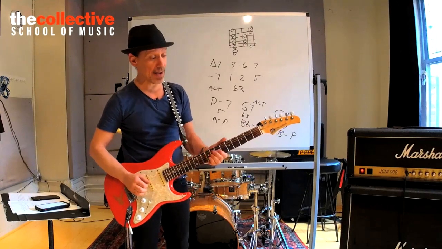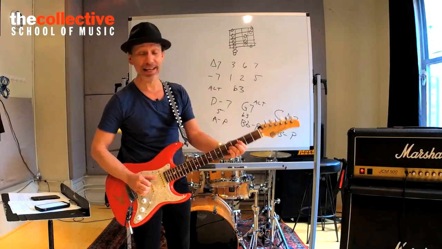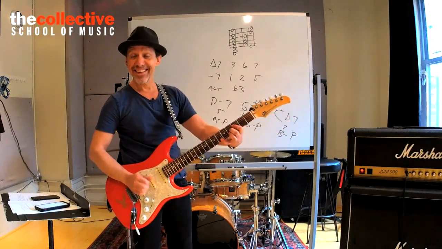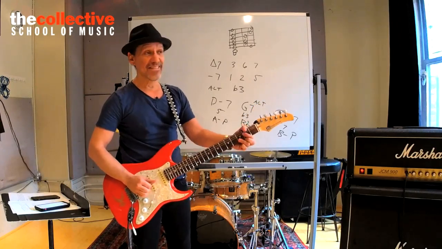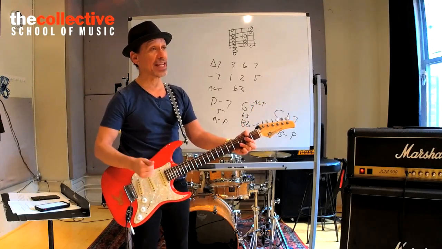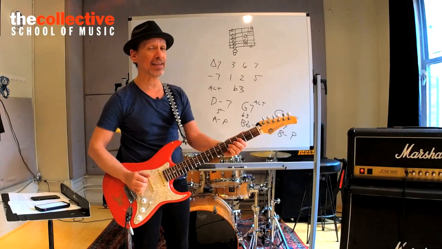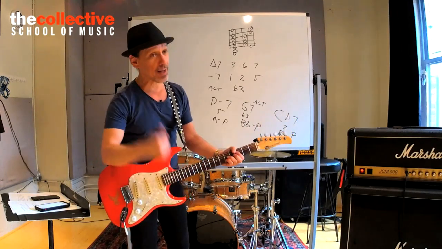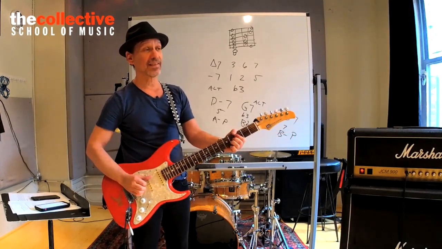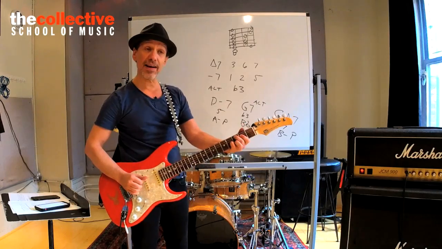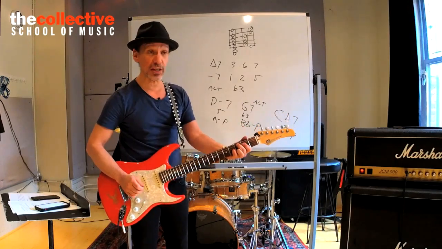You try it. A minor pentatonic scale. I'm playing the chords. Here we go. You take another one. A minor pentatonic scale. Move it up a half step. Move it up another half step. You don't even have to look. Watch.